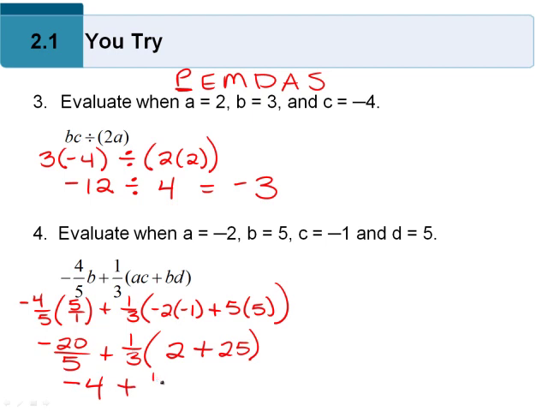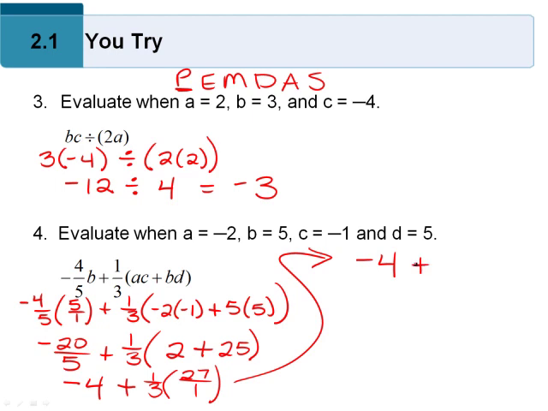So then we have 1/3, and we're going to finish up our parentheses. 2 plus 25 is 27. I'm going to put that over 1 because I've got to multiply by a fraction there. All right, so let's come up here. And we have negative 4 stays the same.